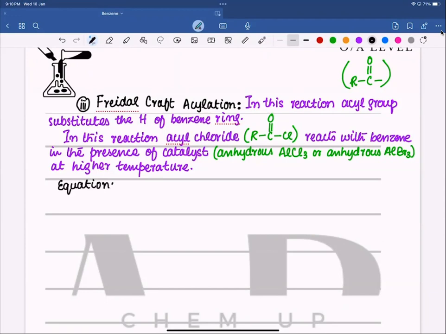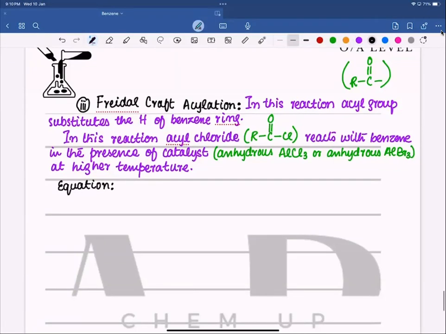So first have a look at the equation. We have a benzene ring and acyl chloride, CH3, C double bond O, Cl.